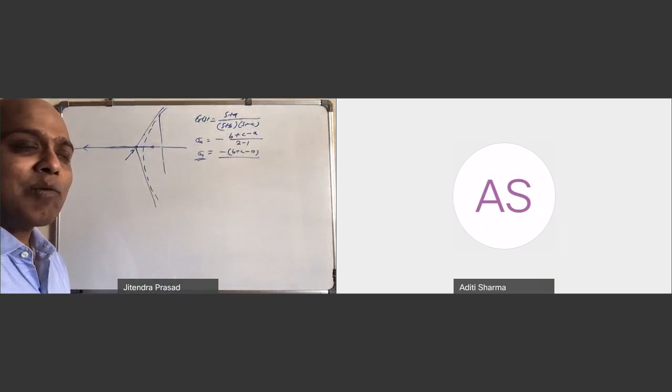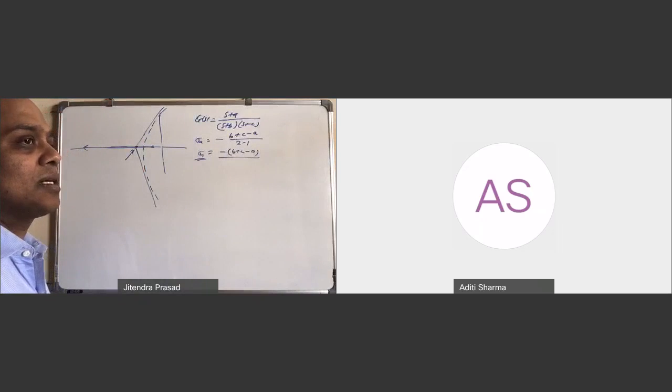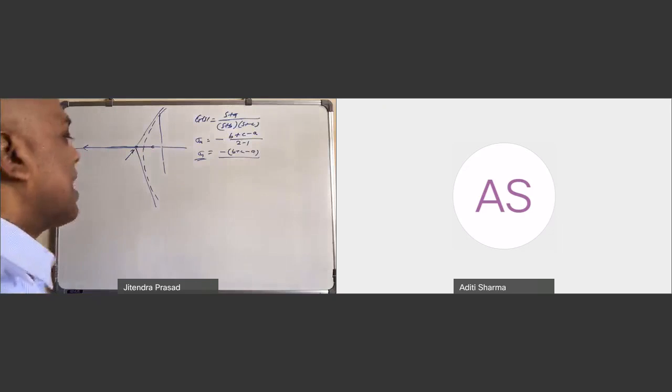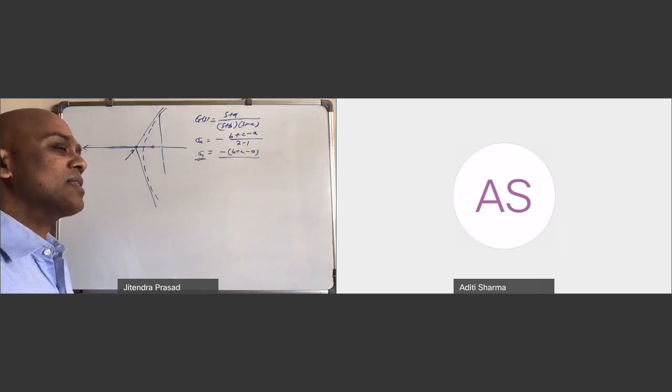What other method you are talking about? I'm not getting that. Sir, you had told that if we are having 1 over s plus 2 upon 1 plus something low and something above, and then we bring it down from above, and then we find by the basic method the equation of asymptote. Okay, yes.